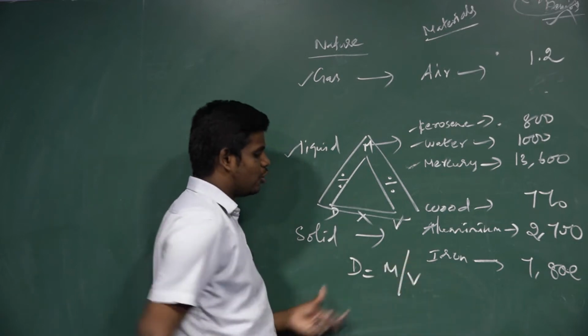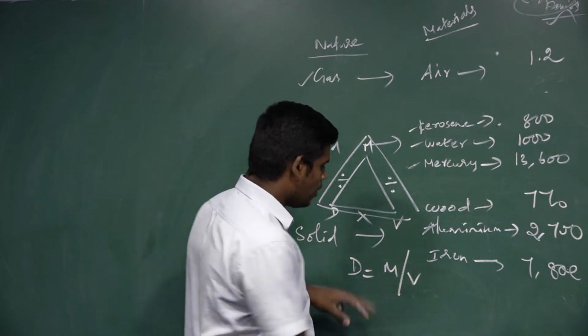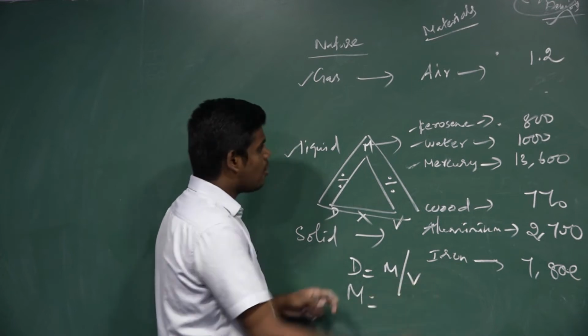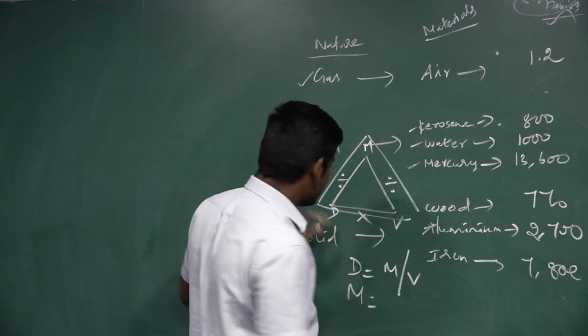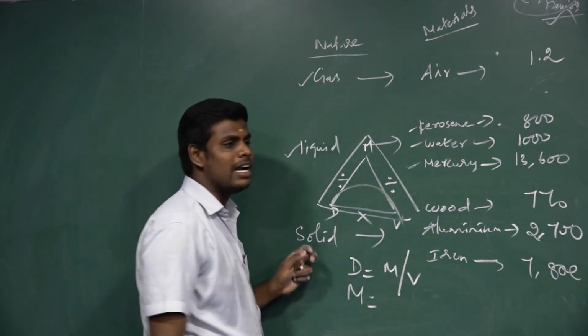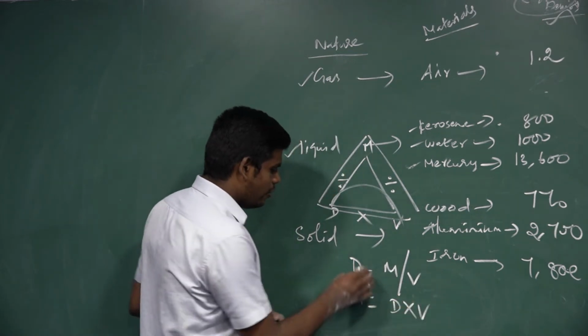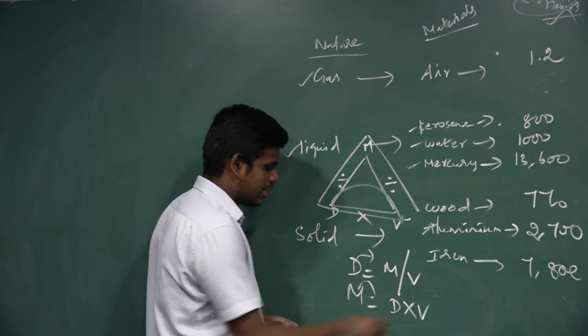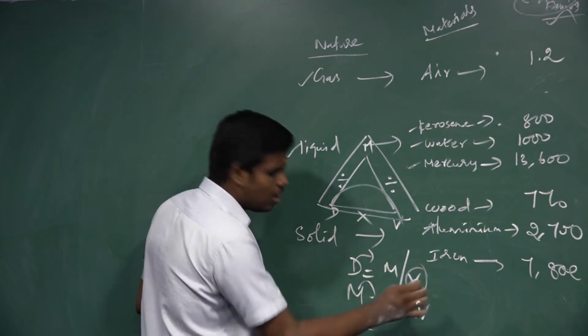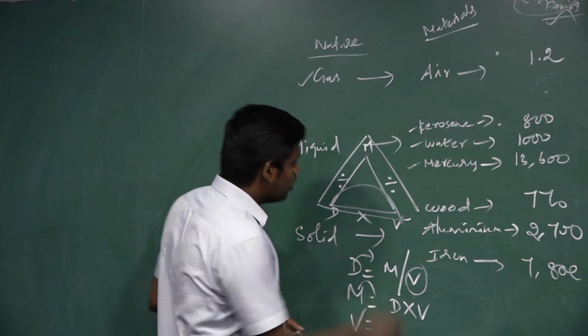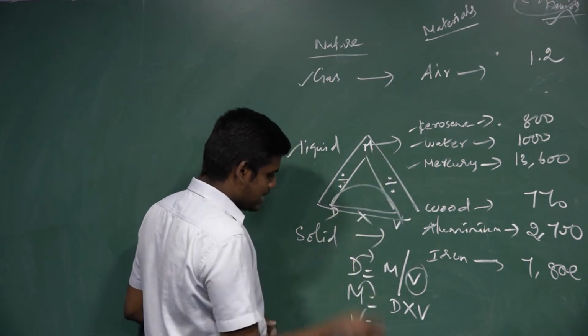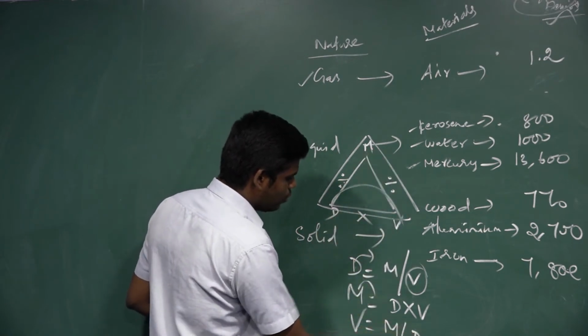Density is equal to mass divided by volume. Mass is equal to density multiplied by volume. Remaining only volume: volume is equal to mass divided by density.